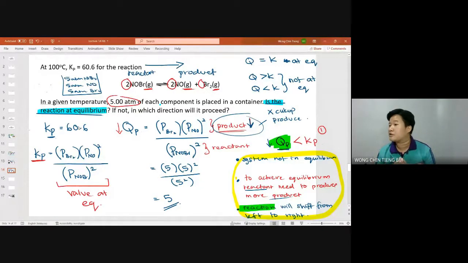So equilibrium position does not exist. When calculating Q, the explanation must use the words reaction shifts from where to where. Different from Le Chatelier. In Le Chatelier, your system is already at equilibrium, and you add a disturbance. Right? Alright? So over here is different. The system is not at equilibrium from the beginning. Is that clear?